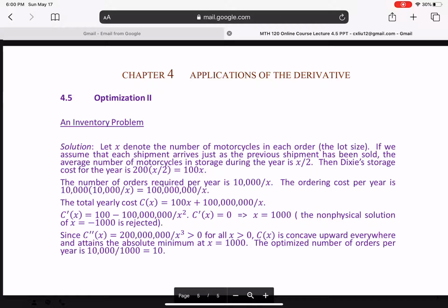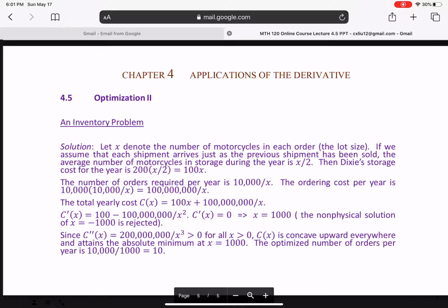For each motorcycle, we need $200 for the storage cost for the whole year. And the number of orders required per year is 10,000 over x. The total number of motorcycles in the year is 10,000, and x is the number for each order. So the number of orders per year is just 10,000 over x.